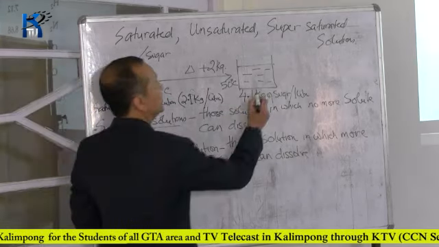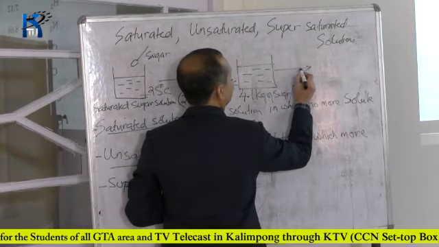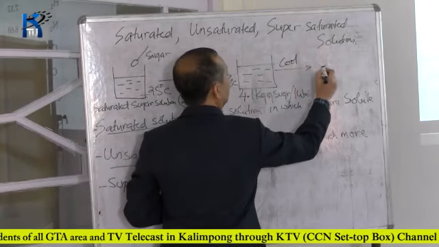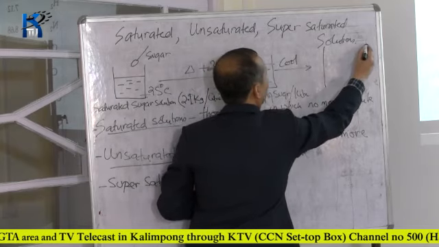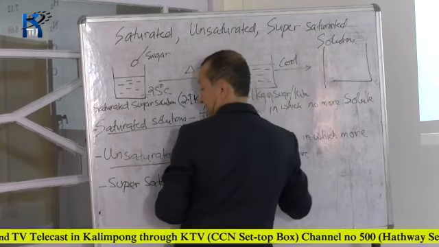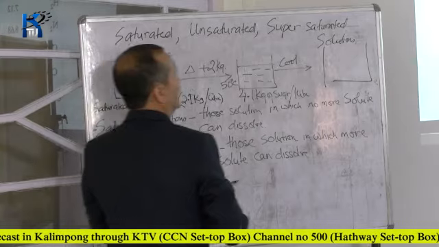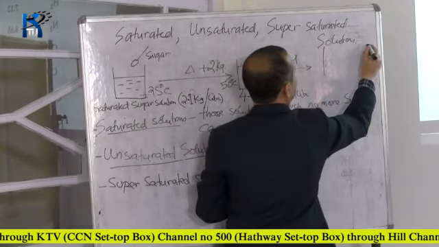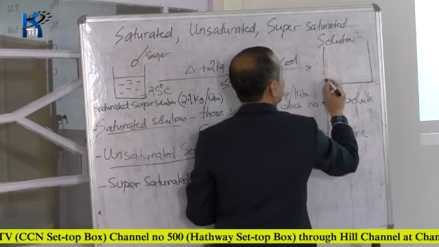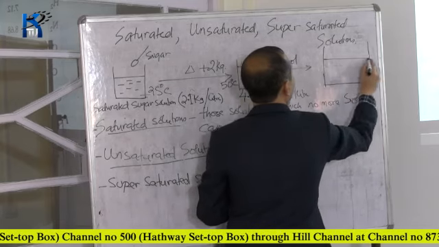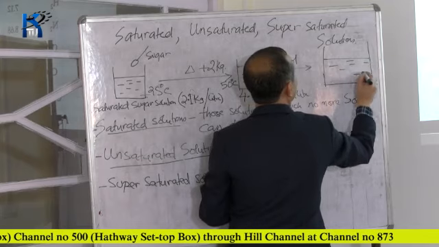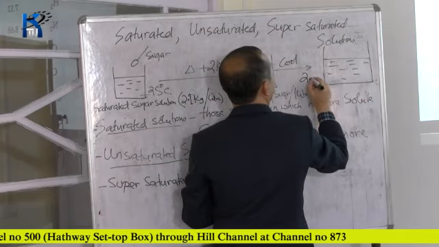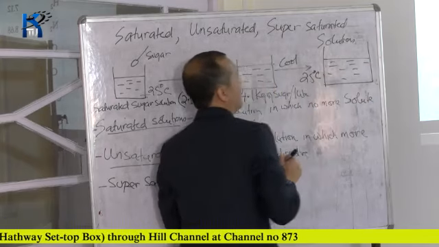Now supposing you cool this solution back to the original temperature. What is the original temperature? The original temperature was 25 degrees centigrade. Now you cool this to 25 degree centigrade.